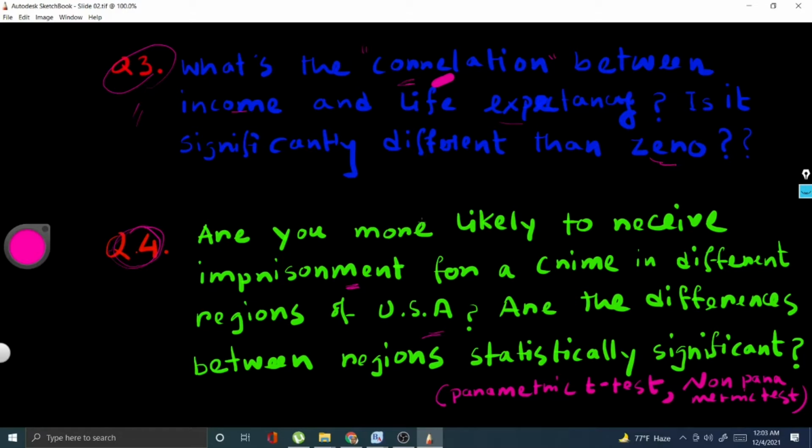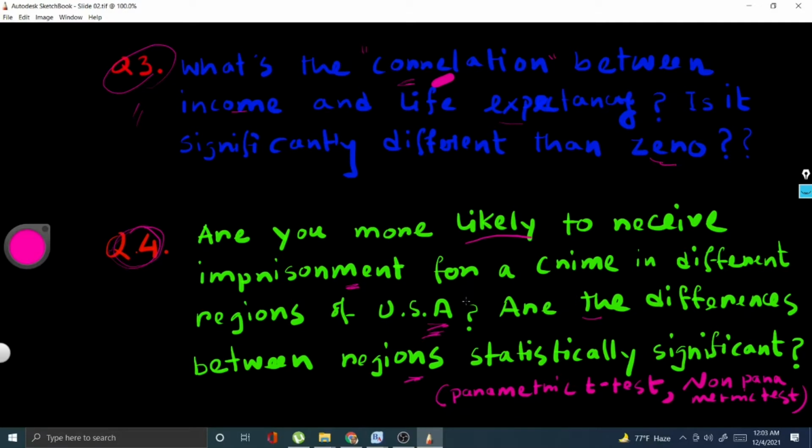In that case, what is the likelihood that you will be penalized if you commit a crime in the south? Are the differences between regions statistically significant? These are the important questions.